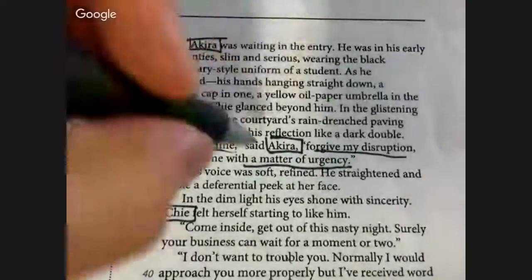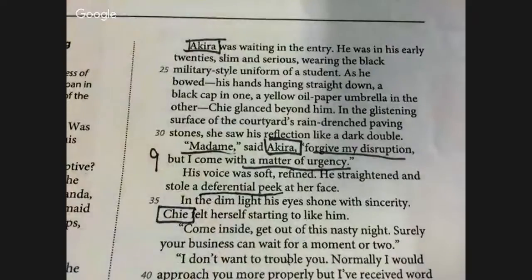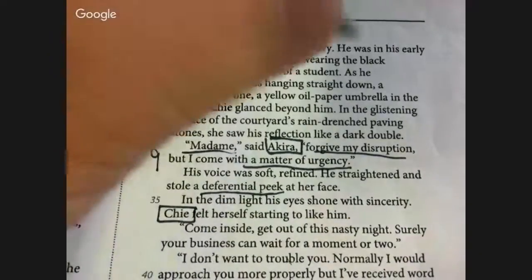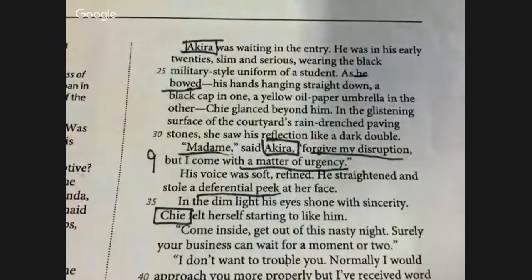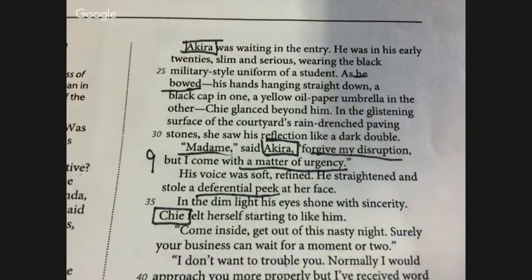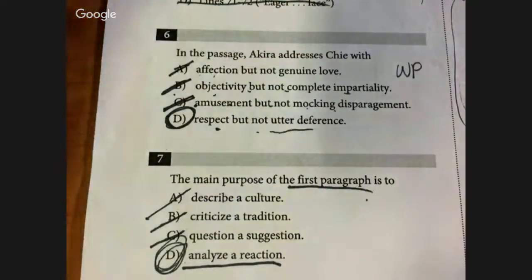"He stole a deferential peek at her face," showing deference and respect. And he bows, which is also a show of respect. But he's not completely deferential to her either. As you can see, he is disrupting her night. So D is the correct answer choice here.